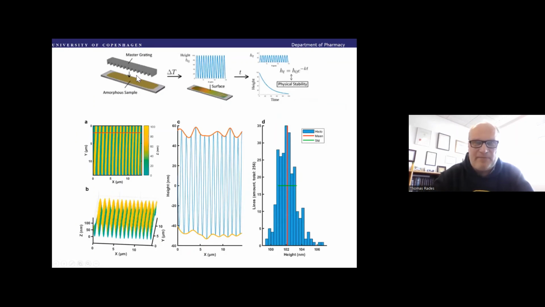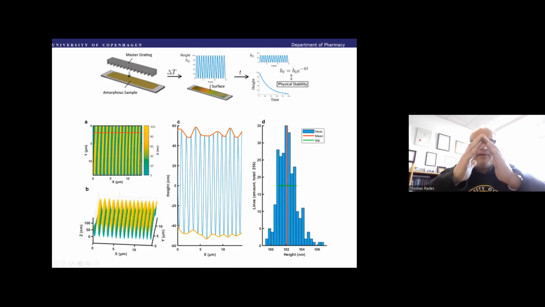So we have the amorphous sample, we put the grating on, and then we look at the height of these gratings going down, following some physical function. And if we do everything right, then this decay will be determined only by the surface mobility of the material. So in the AFM, you can see here the sinusoidal graded surface. With the imprinted grating that we're using here, the amplitude is about 100 nanometers, fairly reproducible, with a very narrow height distribution averaging 100 nanometers.